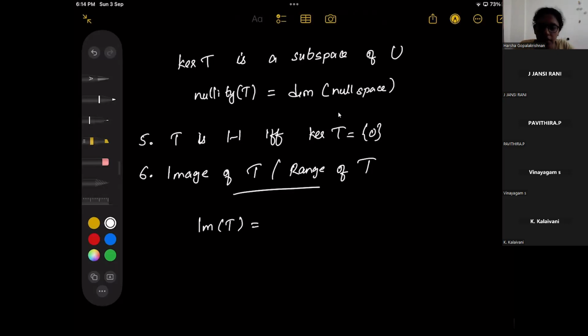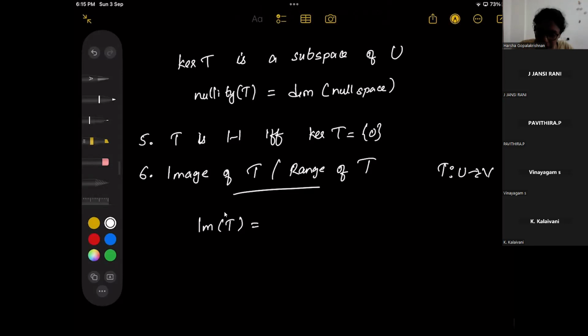Like T is a map, and what is image of T? V, ma'am. Will it be V always? Like we know T is from U to V. But image of T means the set of all elements which can be obtained under the map T. That only we will say image.